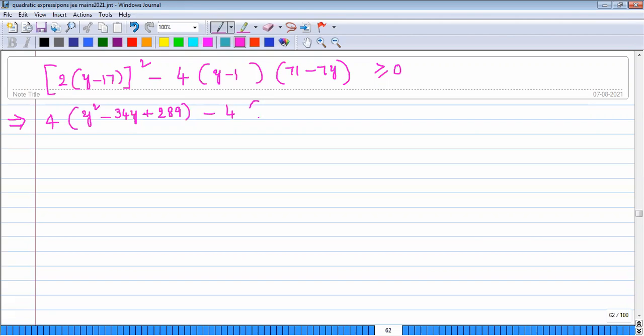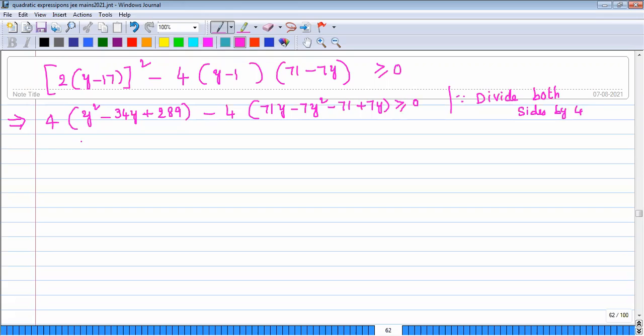Minus 4 times y minus 1 being multiplied with 71 minus 7y, you will be getting 71y minus 7y square minus 71 plus 7y is greater than or equal to 0. We can divide both sides by 4 because 4 is the common part.